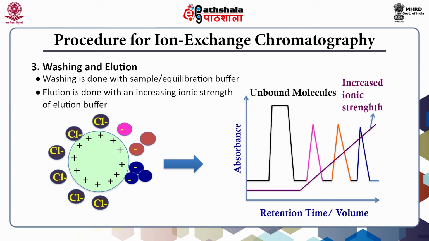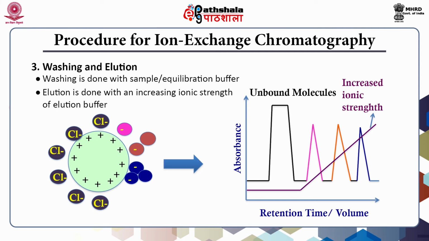Whatever the ionic strength of the equilibration buffer, we have to maintain similar ionic strength during the washing step. That is why the ionic strength line is flat at the initial stages where the black peak is present. Later on, we have to increase the ionic strength.